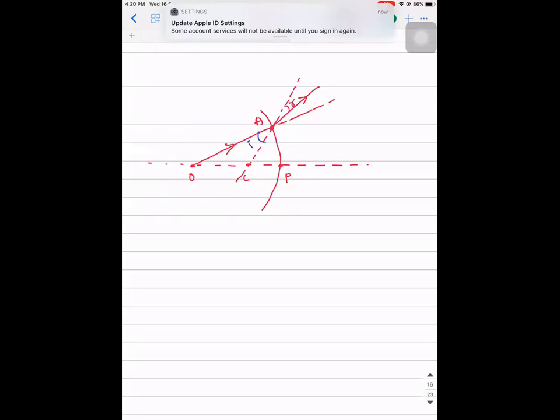Okay. So when I say ray diagram, you need two rays. One ray we have considered from O to A, and we saw what is happening to it. What is the other ray you can consider, guys?